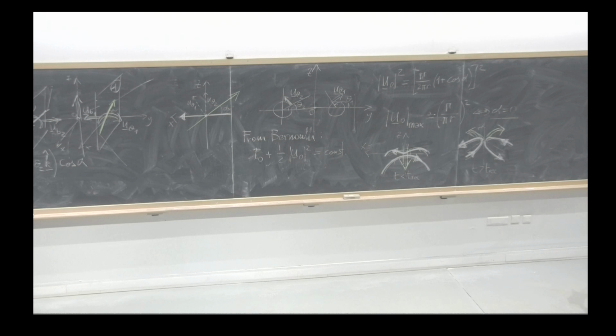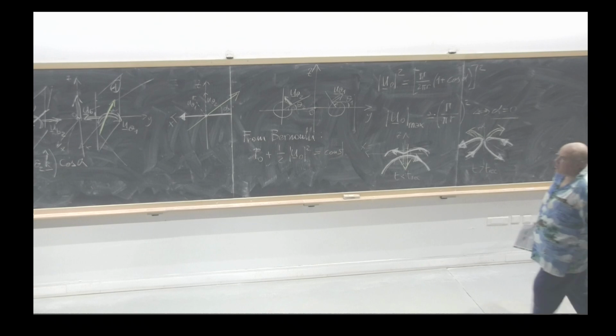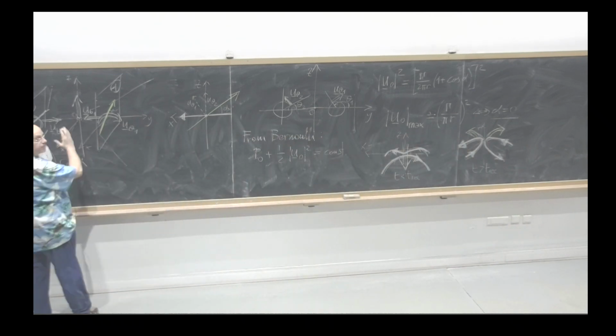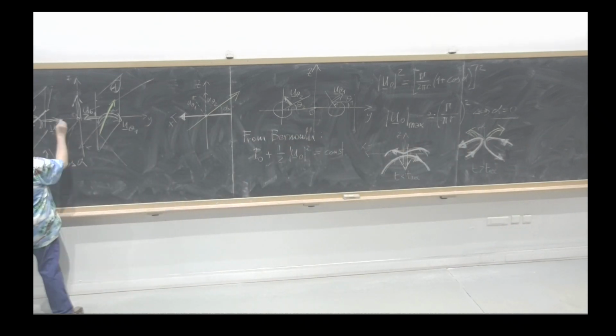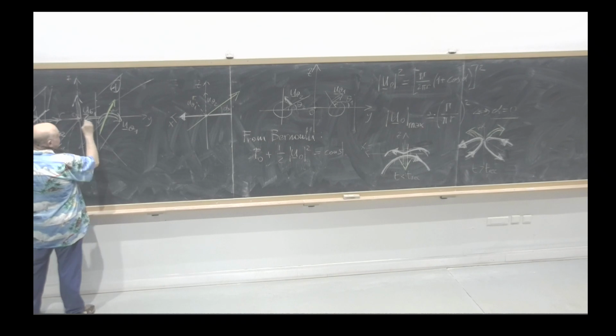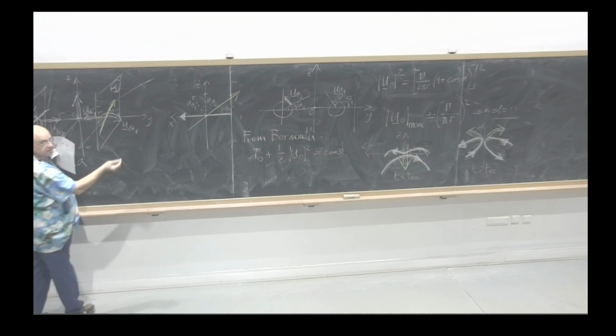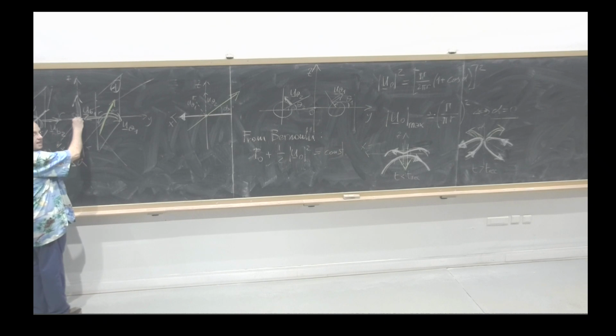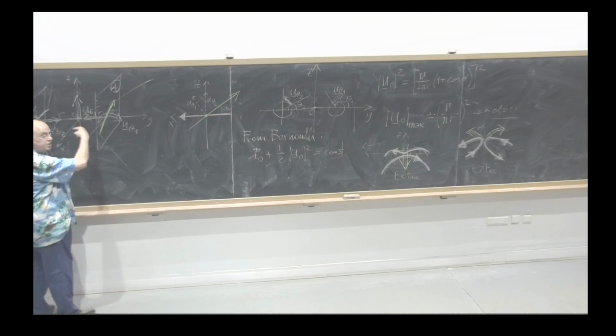Yes? Because I just, for simplicity, I assume this is a symmetry plane. And so the distance of this segment from O is R. Distance from this is R. I want to calculate the velocity here, the induced velocity there.